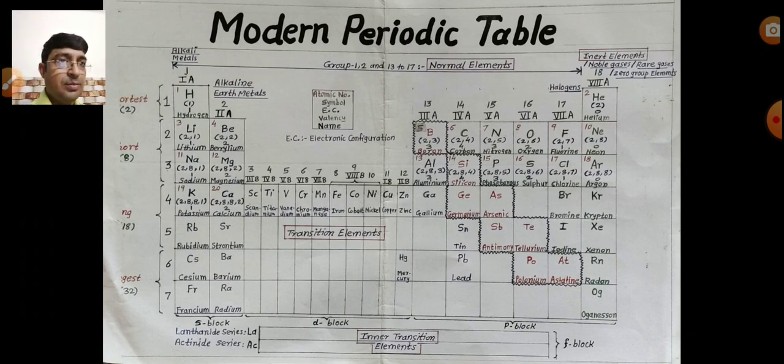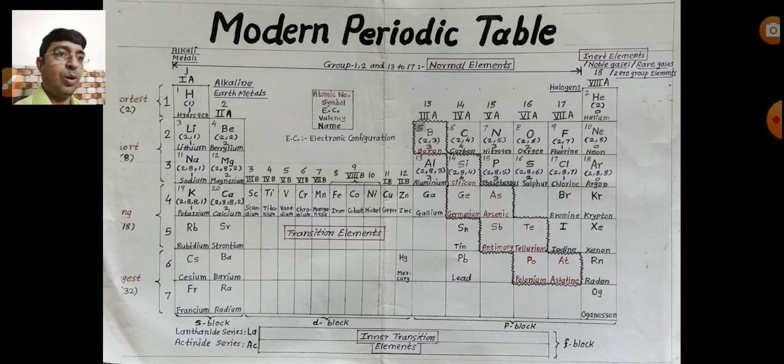Now this is the modern periodic table. All the important information required in 10th standard is written by hand, and this picture is given in your video. Read this, take a screenshot and study every day where these elements are placed in the modern periodic table.